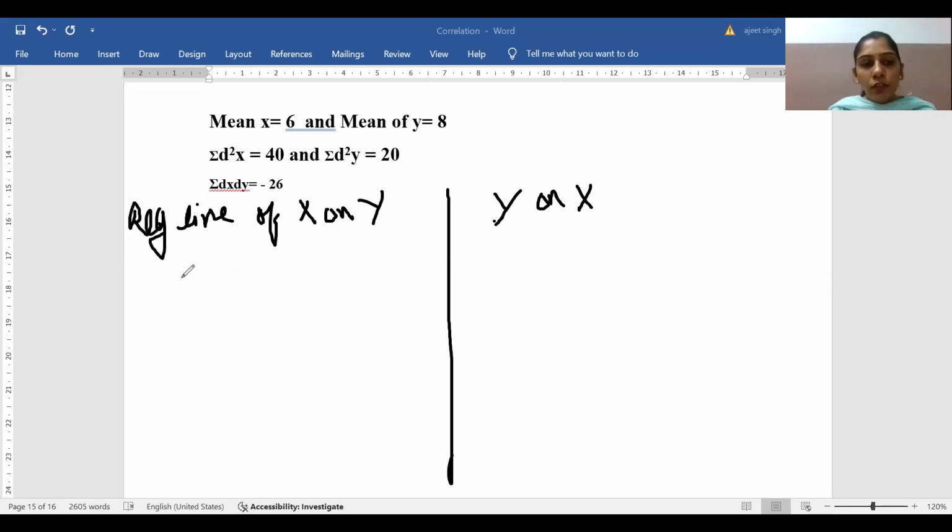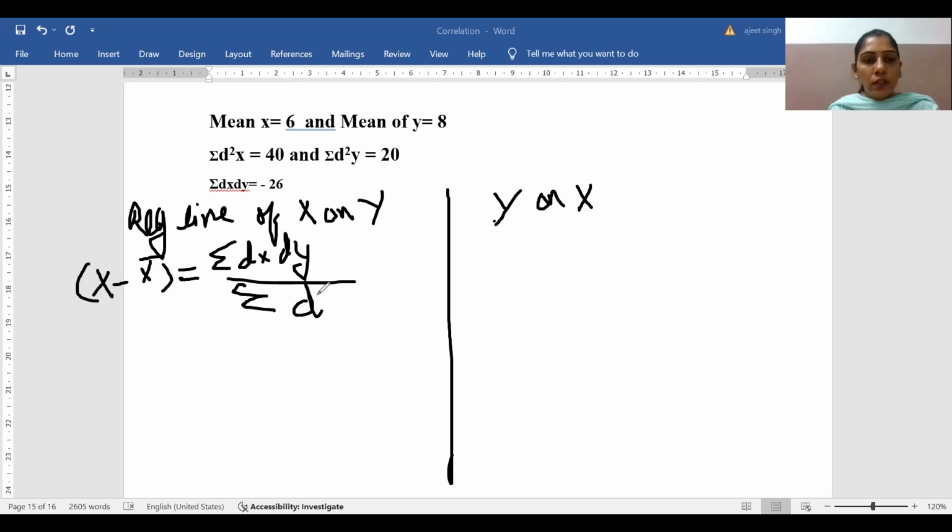The formula for x on y is x minus x bar is equal to sum of dx dy divided by sum of d square y, times bracket y minus y bar. So this is how we calculate the regression line of x on y.